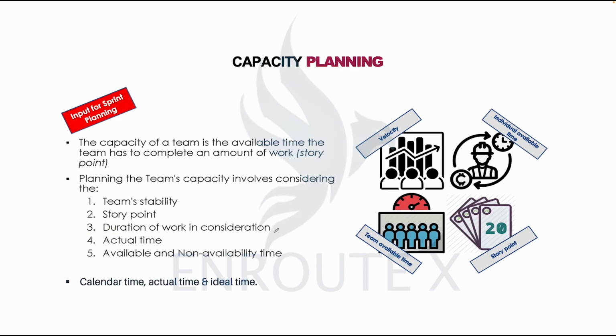All right, so capacity planning. When we look at what we have on the screen here, we'll say input for sprint planning. We are planning for a sprint, but one of our considerations is to plan for the capacity of the team. In the illustration we're using, we have 7 individuals in a team, right?